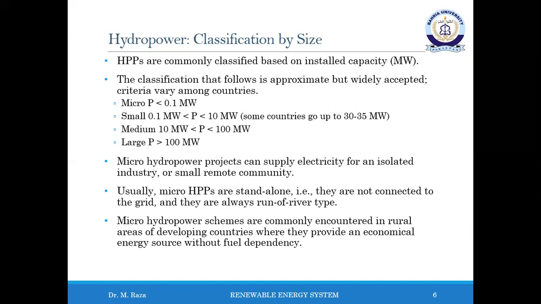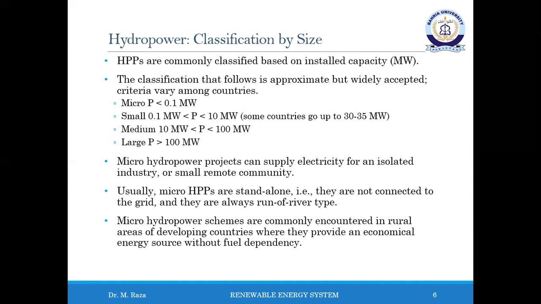Micro hydropower projects can supply electricity for an isolated industry or small remote communities. Usually, micro plants are standalone, that is, they are not connected to the grid, and they are always run-of-river type.